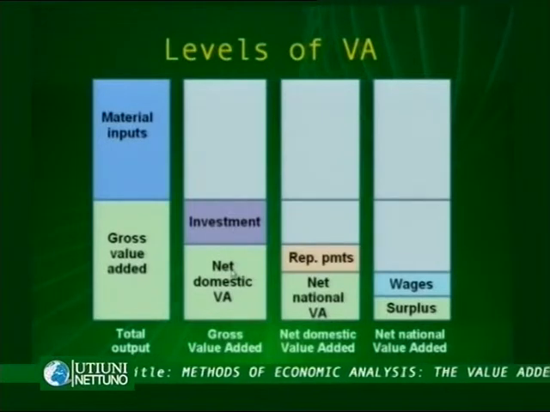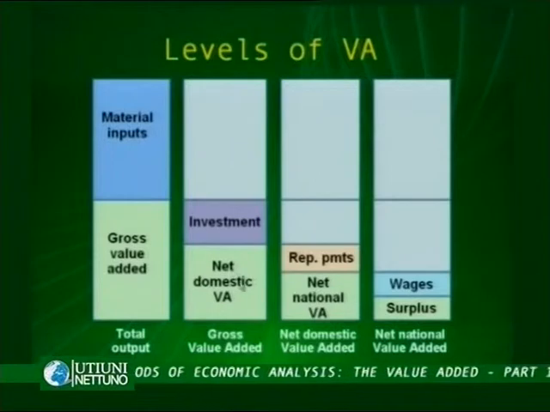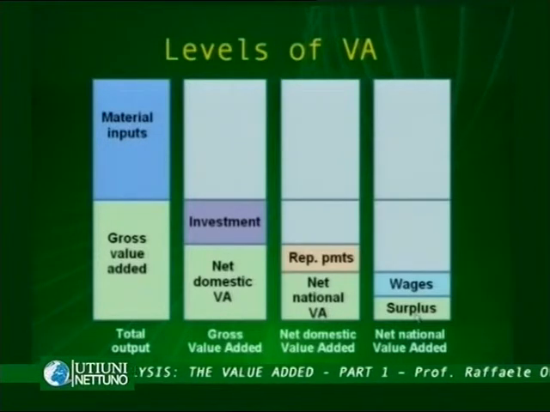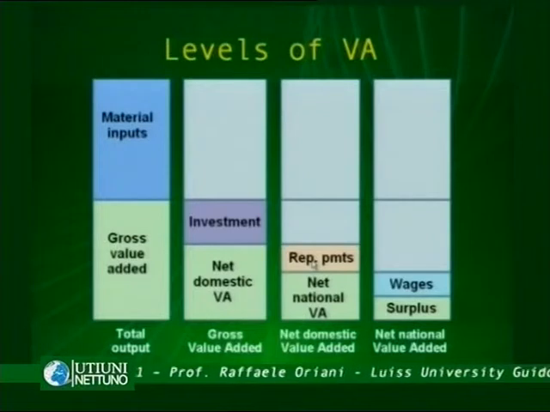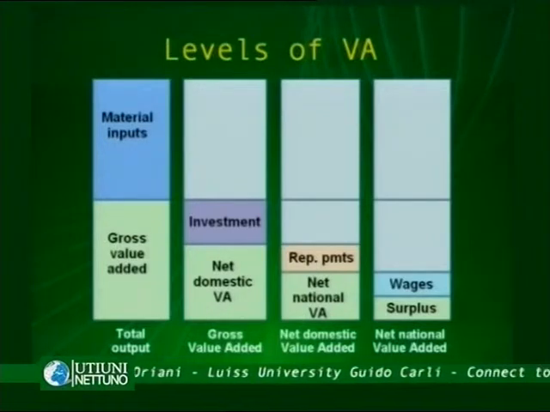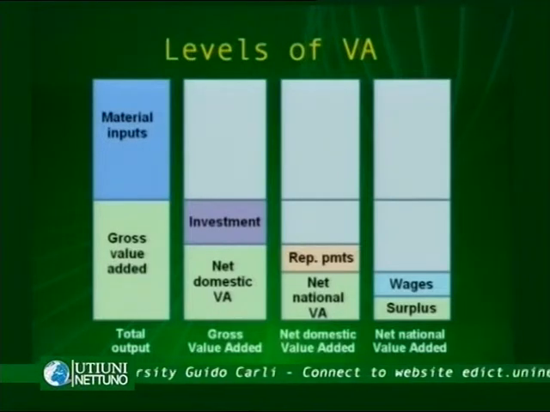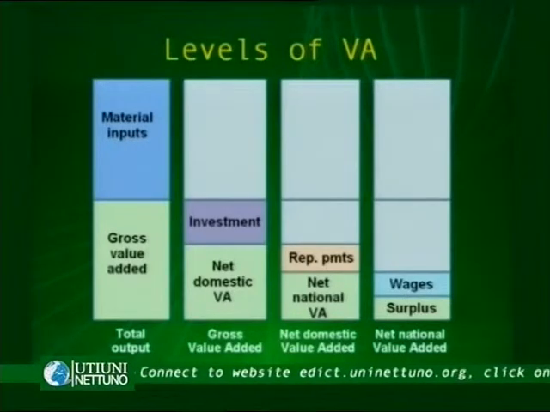And here, the difference between net domestic value added and net national value added is represented by repatriated payments. So in the end, what remains in the country available for actual consumption or for future consumption, and therefore for investment, is the net national value added, that therefore is the basis for our analysis.